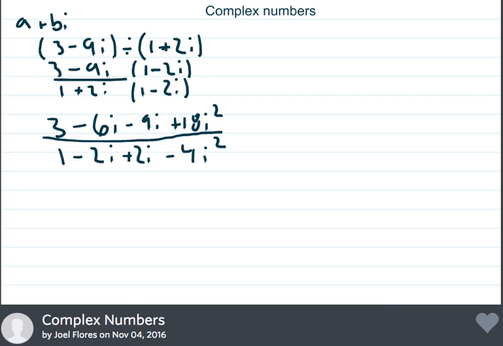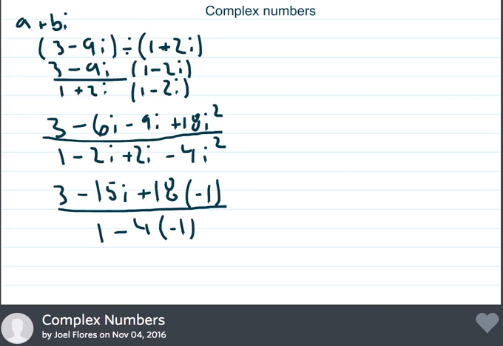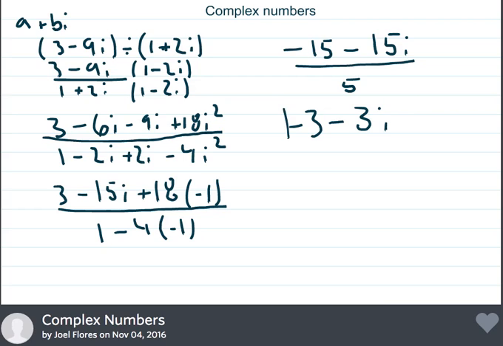Now, we combine like terms. So we've combined like terms, and now we have to turn the i squared into a negative 1 and continue the problem. Now, all we have to do is remember to put the answer in standard form, like so. And there's our answer.